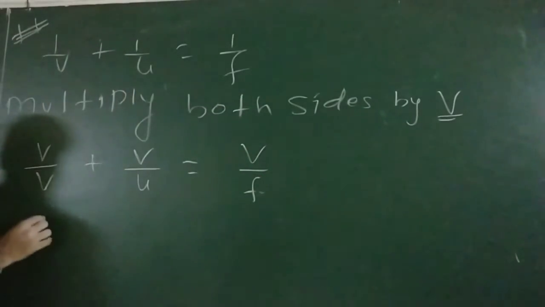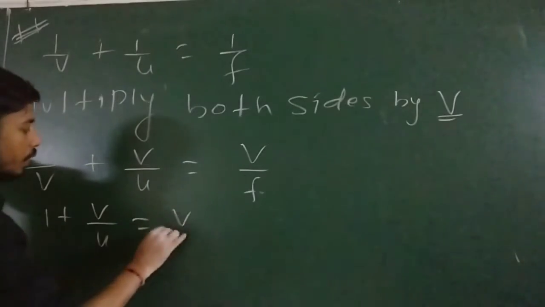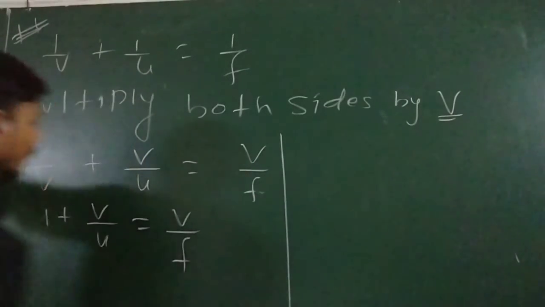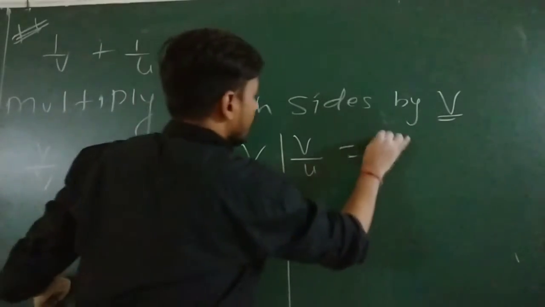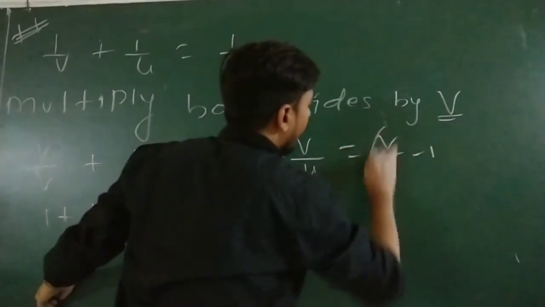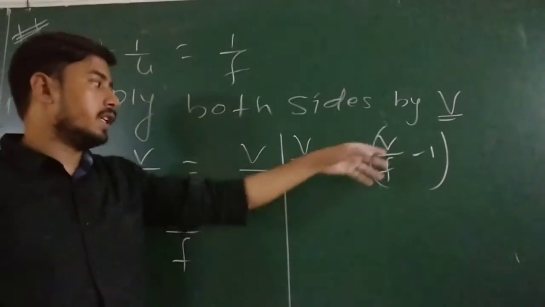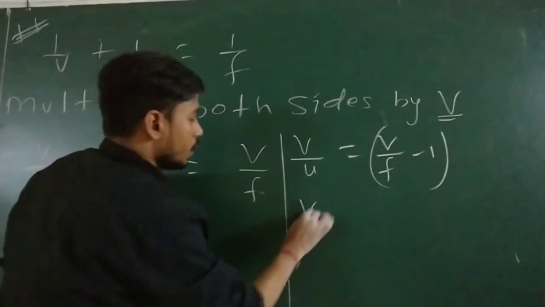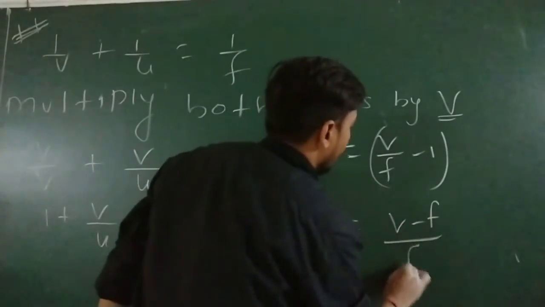So this becomes 1. So 1 plus v by u is equal to v by f. This will go this side. So v by u is equal to v by f minus 1. Just solve this one. So v by u is equal to v minus f by f.